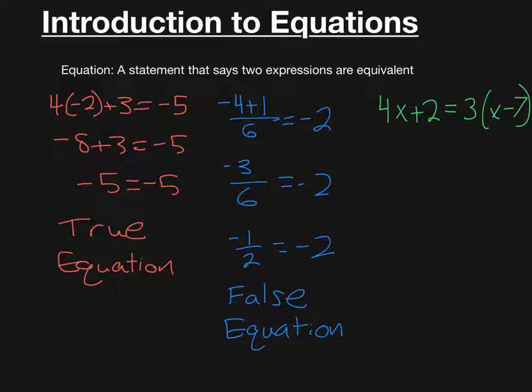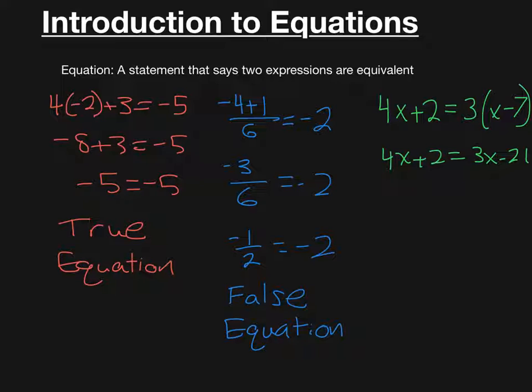Now, over here on the right, our last example, we have some variables. We could distribute this 3, which would give me 4x plus 2 equals 3x minus 21. But because we don't know what x is, x can be any number. We don't know if this is a true equation or a false equation yet.